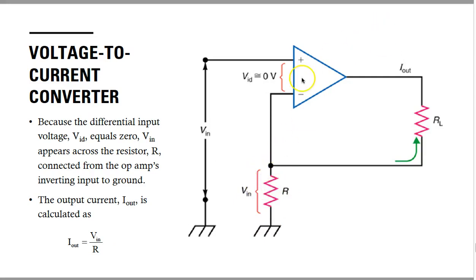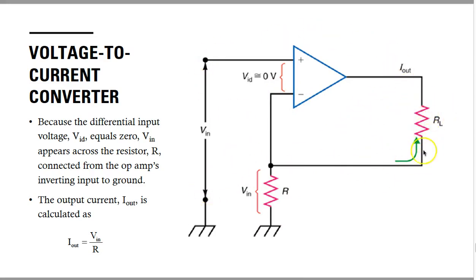As you can see here, the difference between these two voltages is approximately equal to 0 volts. So this input voltage Vin will appear across this resistance R, which is connected to the inverting input. And the value of the load resistance will not affect the output current.